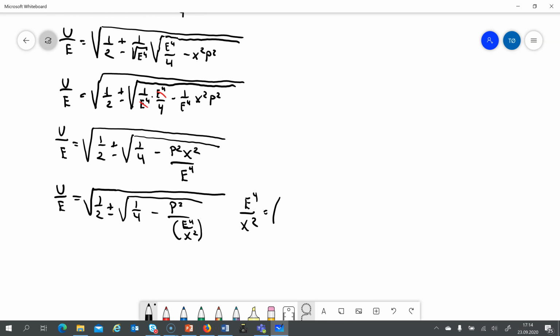Because E to the power 4 over X squared equals E squared over X, squared, and that means the short circuit power squared.